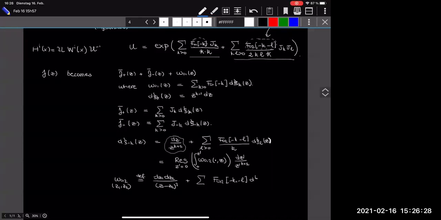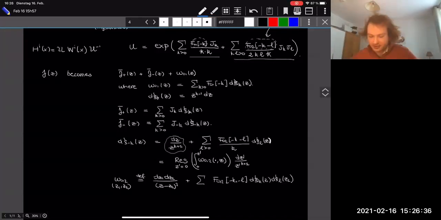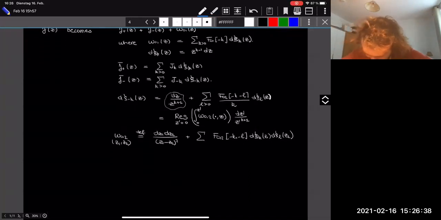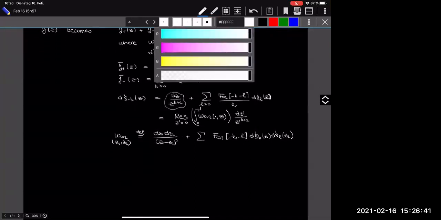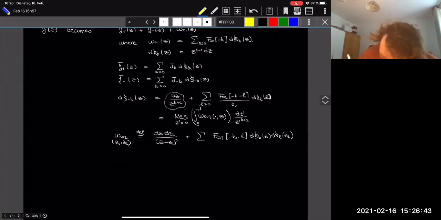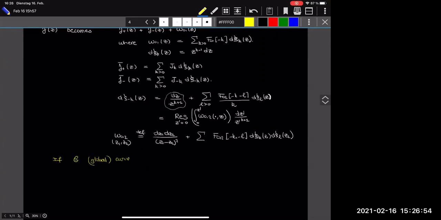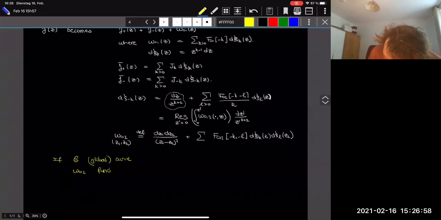When it's a global compact curve, is omega_{0,2} Bergman's bidifferential? Exactly. It's a bidifferential, not a quadratic. Yeah, bidifferential. But exactly, that's where I can answer your first question. If C is a global curve, then omega_{0,2} is a fundamental bidifferential of the second kind.